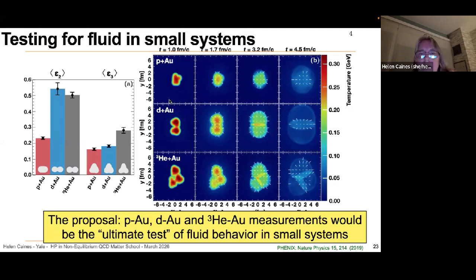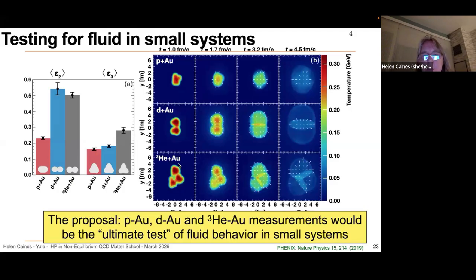If I take d+gold, combining two nucleons, there's a chance it becomes very elliptical, so I should see an enormous v2 in d+gold collisions. And helium-3 is more triangular, so I should see a large v3, but also a v2 because you can see I can draw something of an ellipse through this. So that was the proposal.